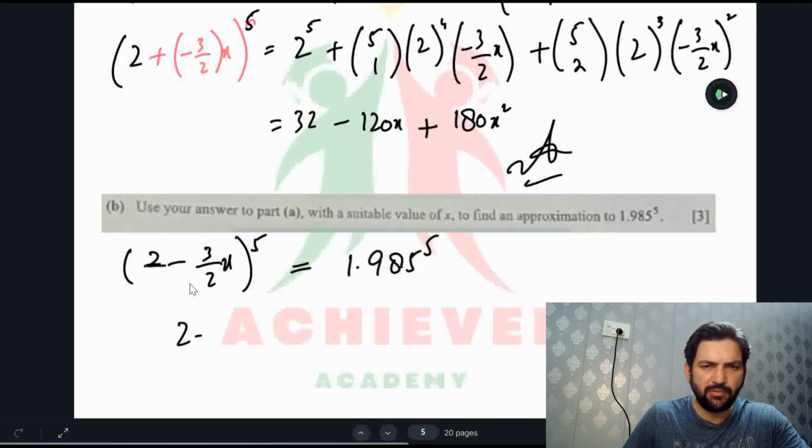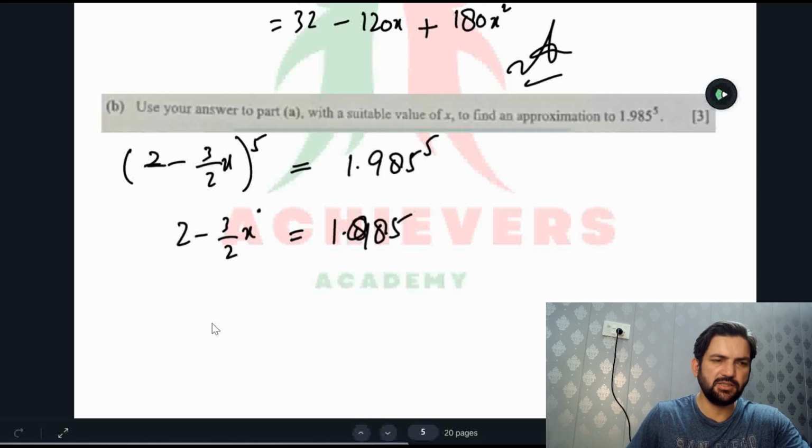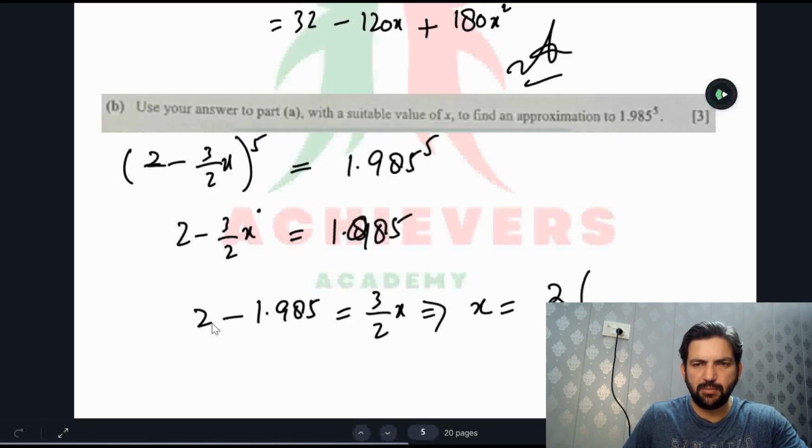So we can cancel out the power of 5 by taking the fifth root on both sides, giving 1.985. If we rearrange it, this will be 2 minus 1.985 equals 3 by 2 x, and if we rearrange it again, x will be equal to 2 multiplied by 2 minus 1.985, the whole divided by 3.